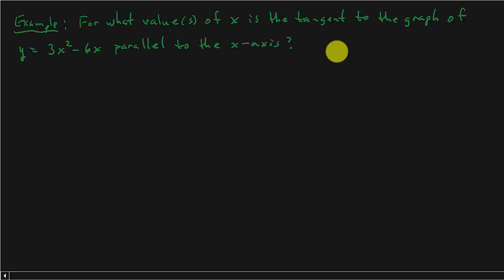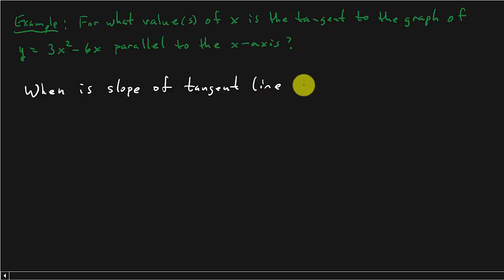It's asking us about the tangent line, and it wants to know when the tangent line is parallel to the x-axis. So they're basically asking, when is the slope of the tangent line equal to what? 0, right? That's what they're wanting to know.